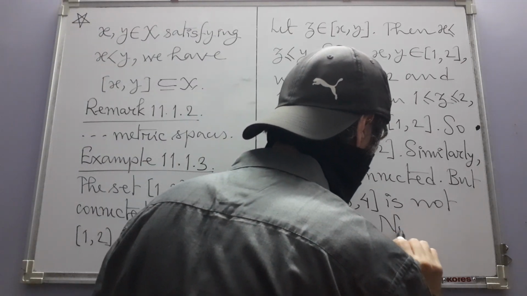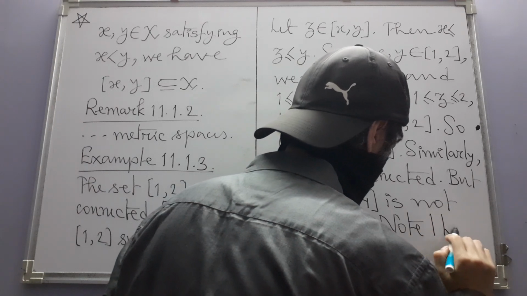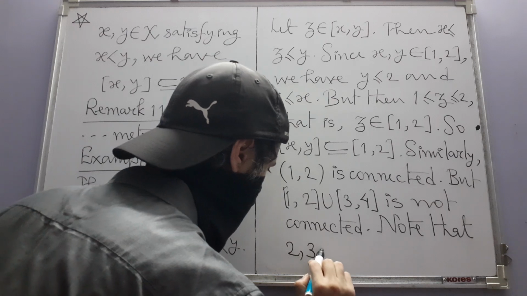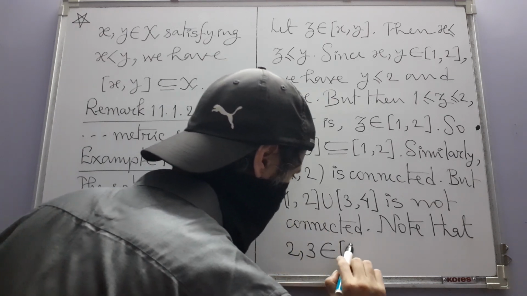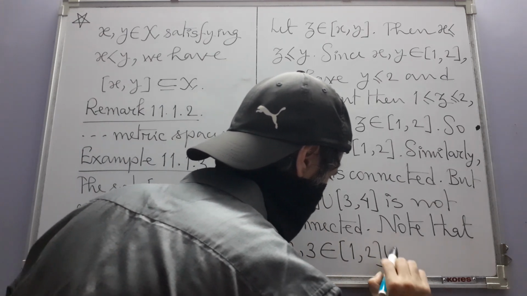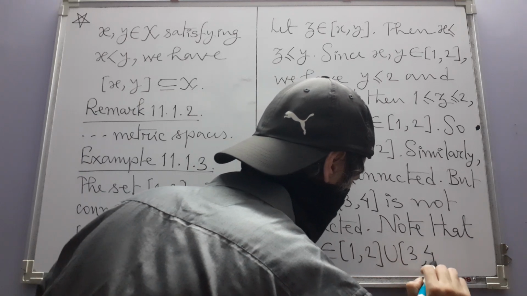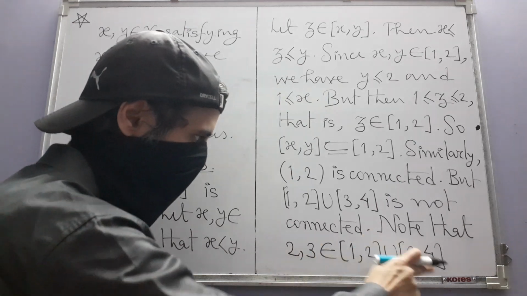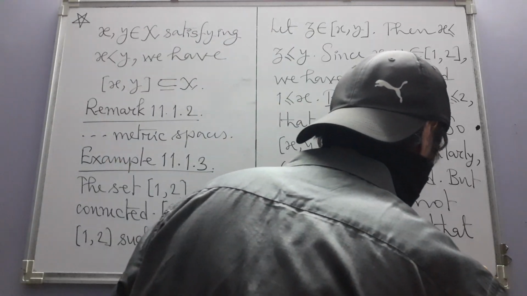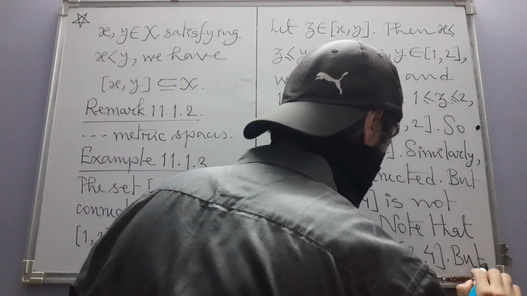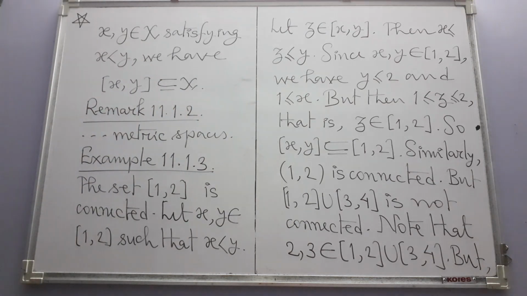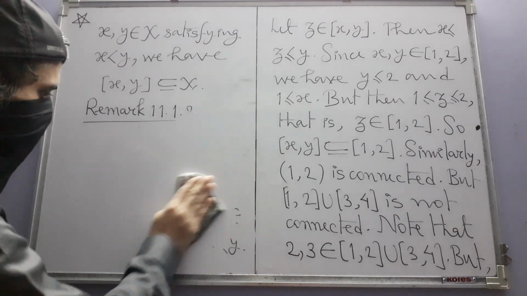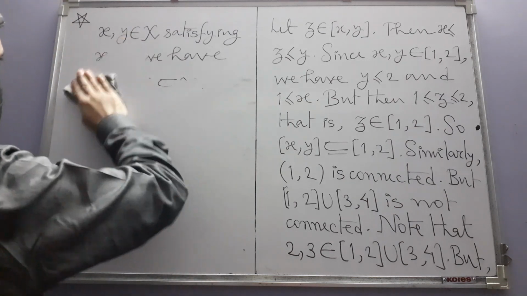Note that 2 and 3 both belong to this set. Specifically 2 belongs to this part and 3 belongs to that part. But the closed interval [2, 3] is not a subset of the given set.